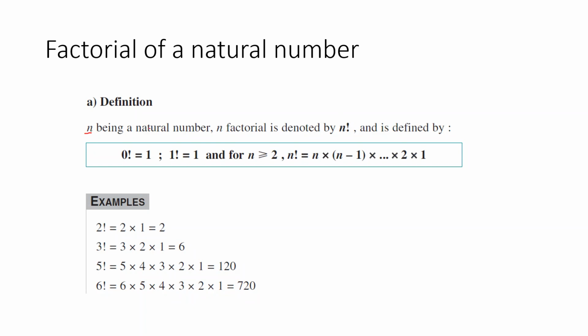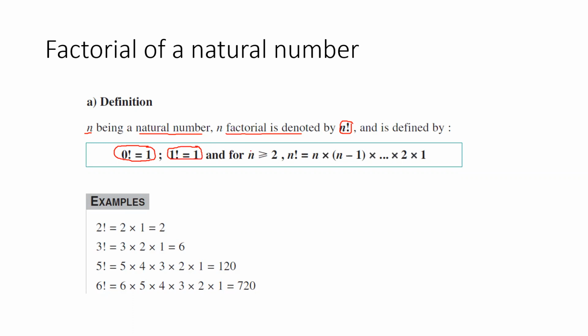n is a natural number. n factorial is defined by: 0 factorial is 1 by definition. 1 factorial is 1.